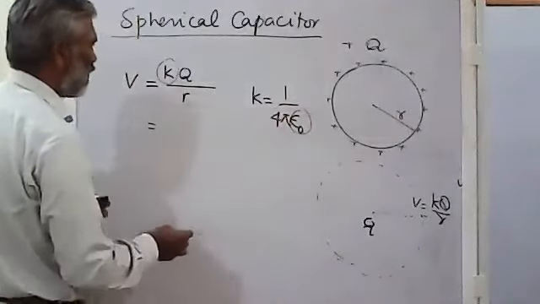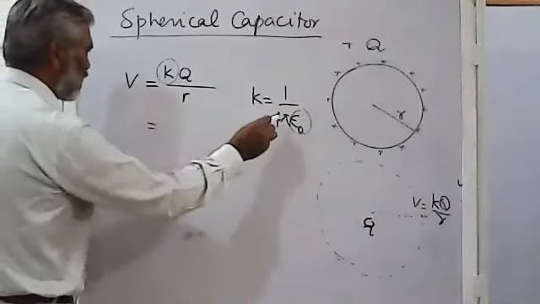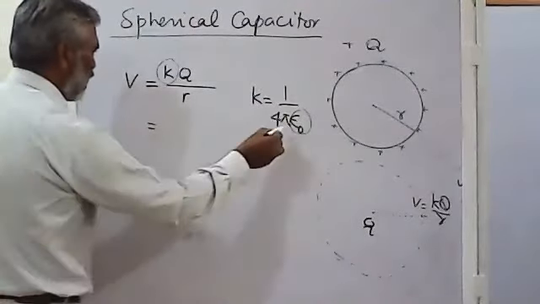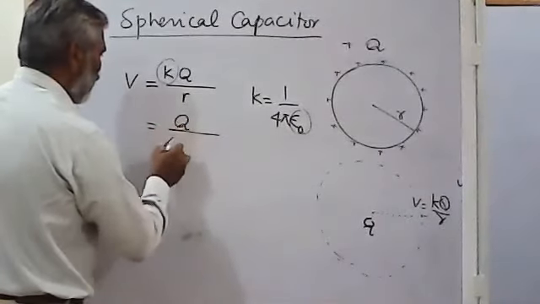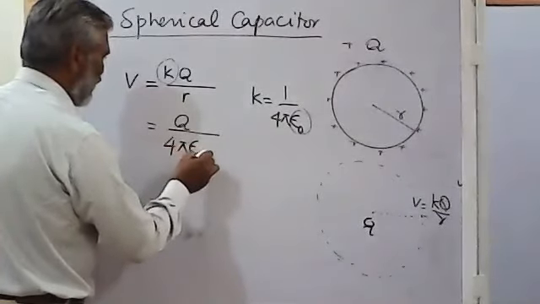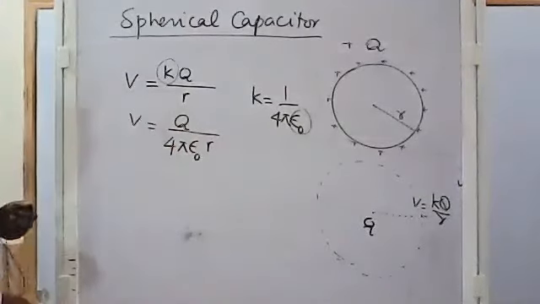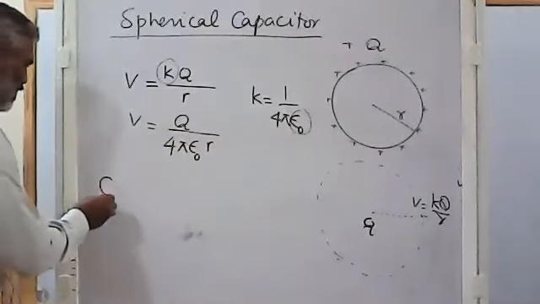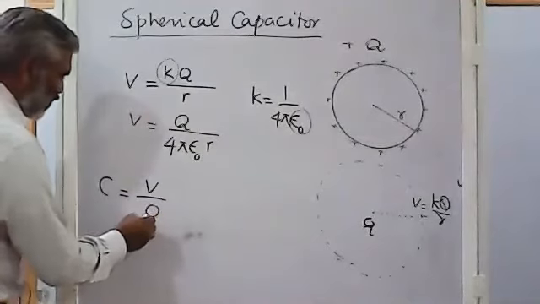Sometimes you are required to write this expression in terms of epsilon. So this becomes Q over 4 pi epsilon naught times R. So this is V. If I use the definition of capacitance, capacitance is charge to voltage.